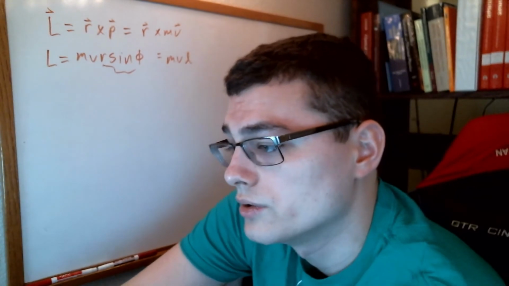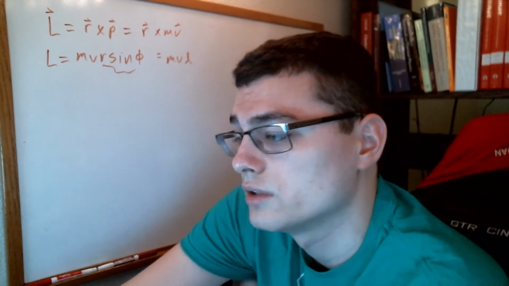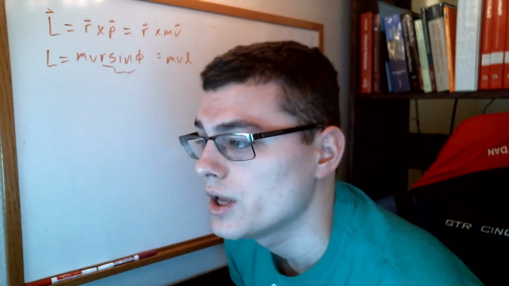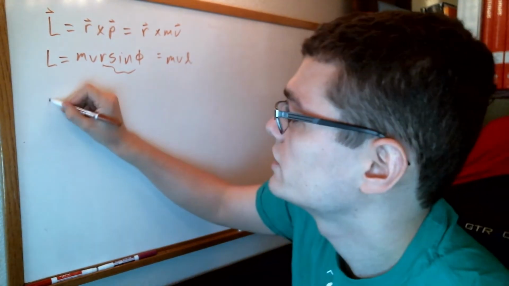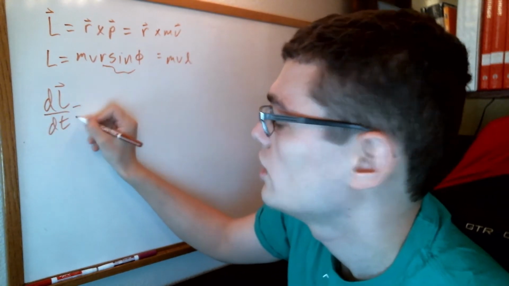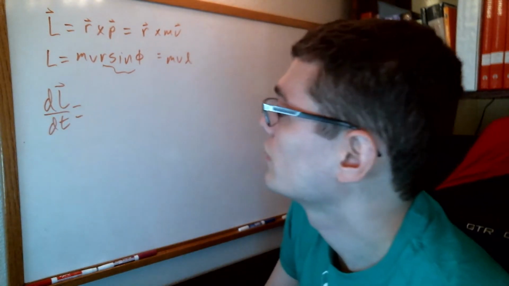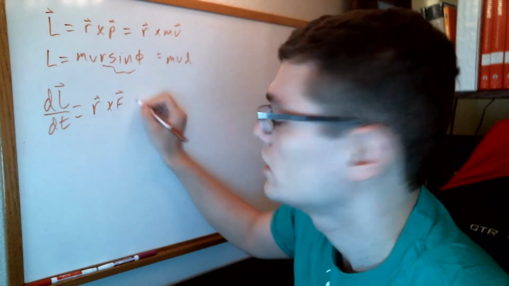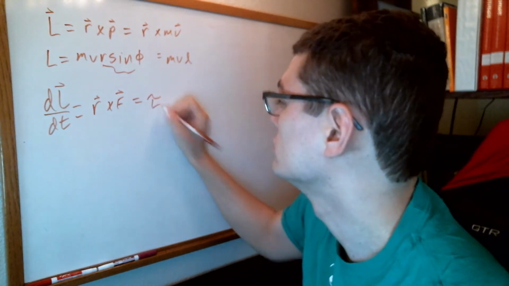So what we can do here is find an analog between torque and angular momentum. If we take the time derivative of L, we end up getting R cross F, which is equal to torque.